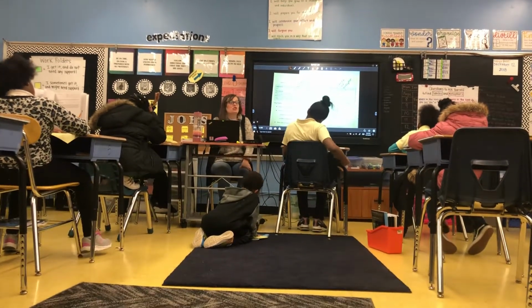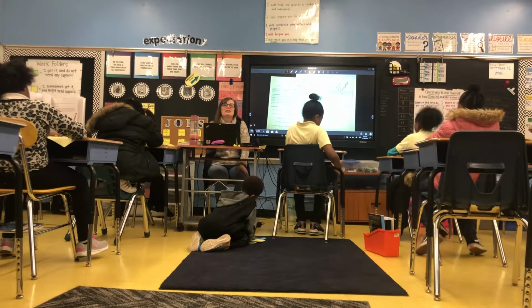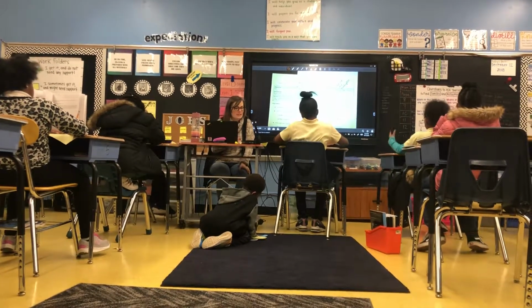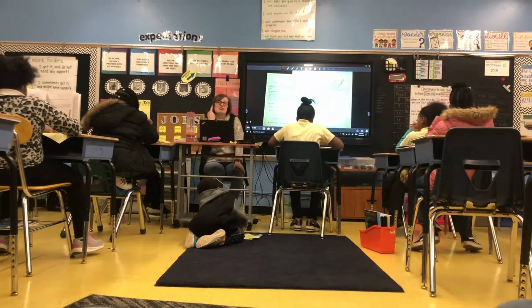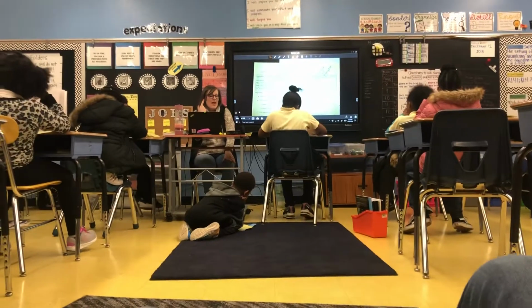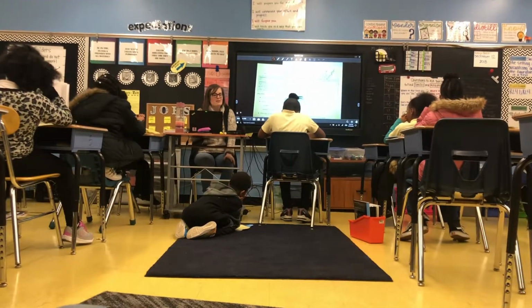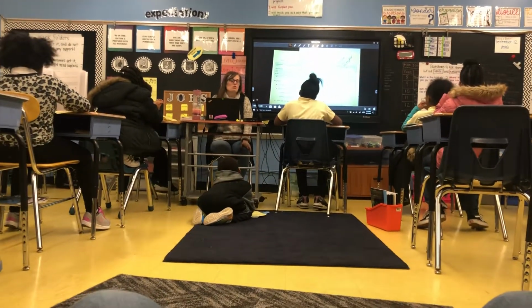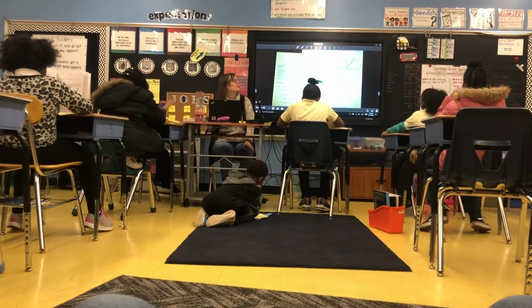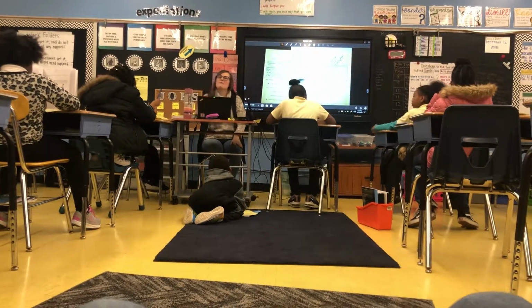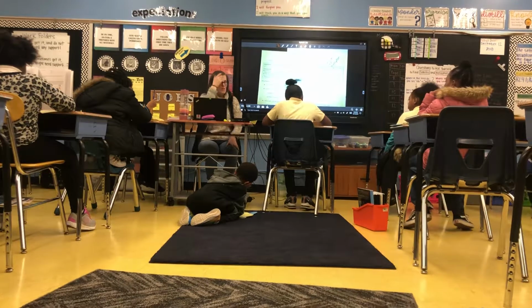So we'll be able to describe the time and place in which a story takes place by making pictures in our head and kind of breaking down the similes and metaphors used in the text. So we'll be using the similes and metaphors to visualize and then better understand the setting.